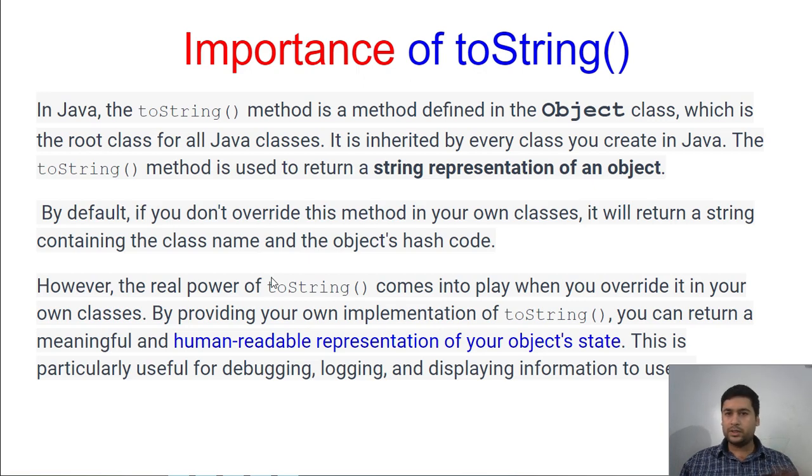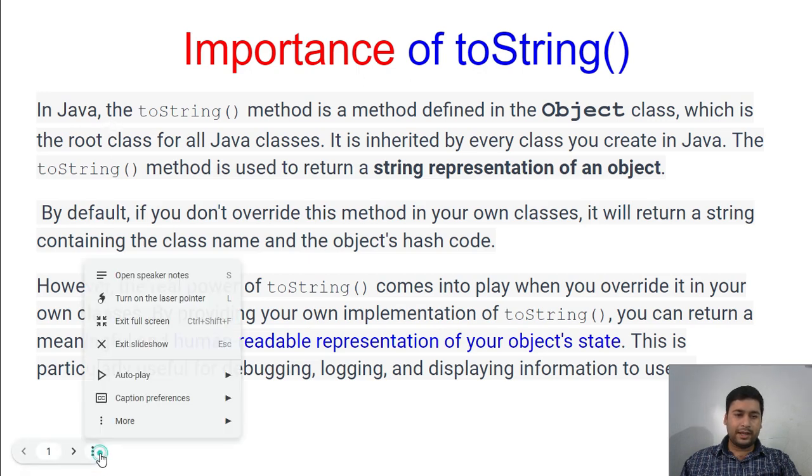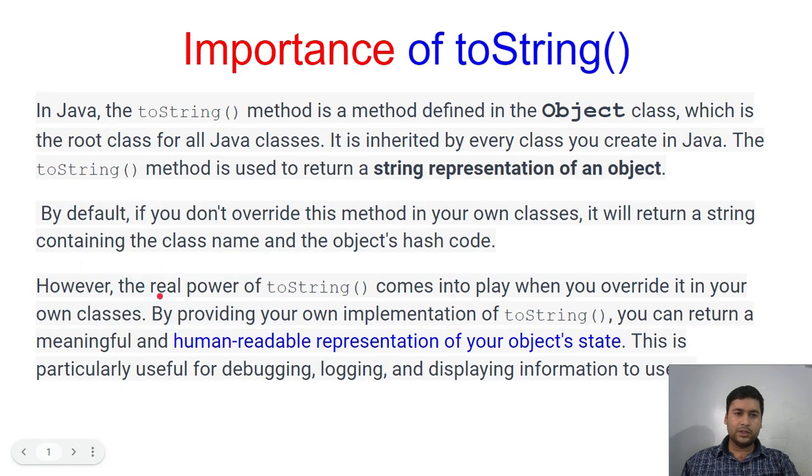We know toString is available in the Object class, and the String class also overrides it, but still we have to know how it works. So let's start now. In Java, let me open my ledger here and I will show you clearly.